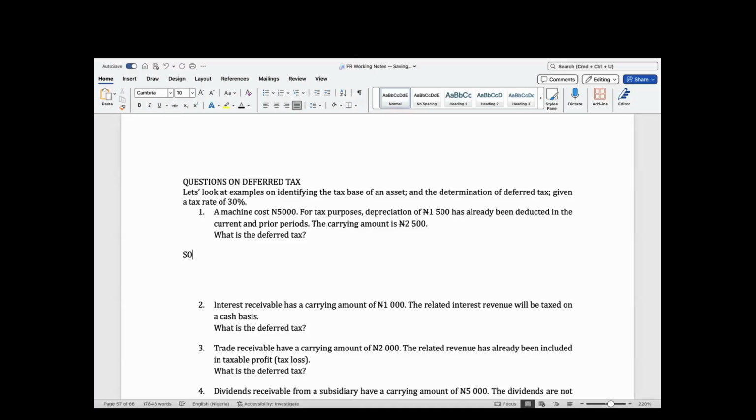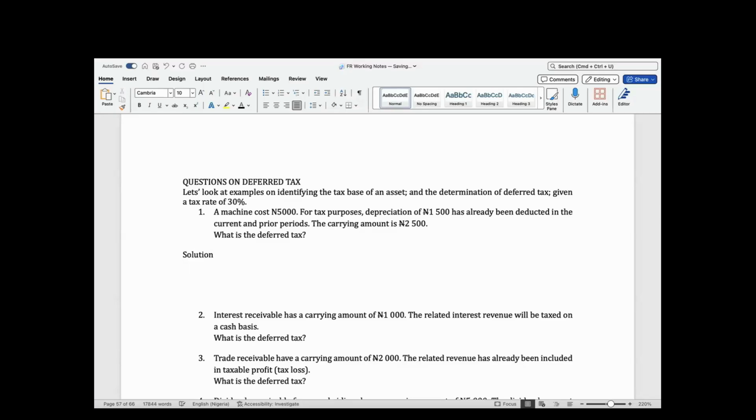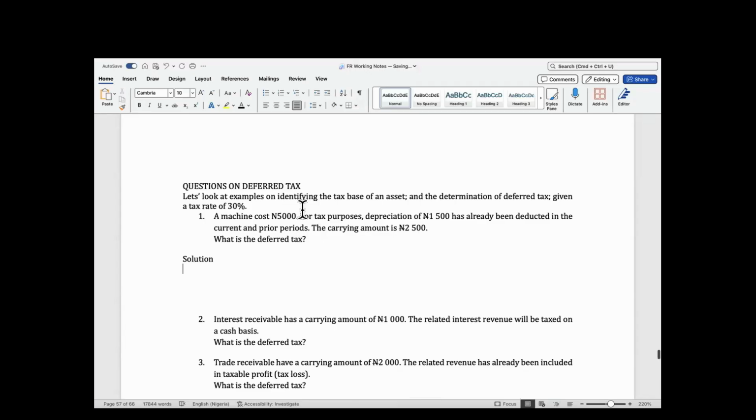Okay, so in this case, let me show you how deferred tax is actually determined. A machine costs 5,000. For tax purposes, depreciation is this, showing that this is the tax depreciation, the capital allowance.